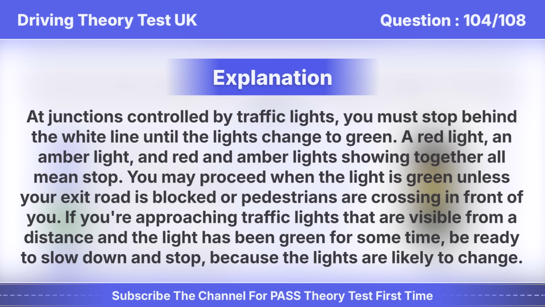A red light, an amber light, and red and amber lights showing together all mean stop. You may proceed when the light is green unless your exit road is blocked or pedestrians are crossing in front of you. If you're approaching traffic lights that are visible from a distance and the light has been green for some time, be ready to slow down and stop, because the lights are likely to change.